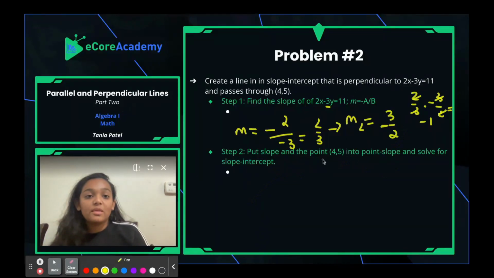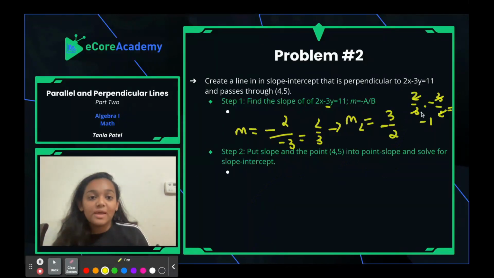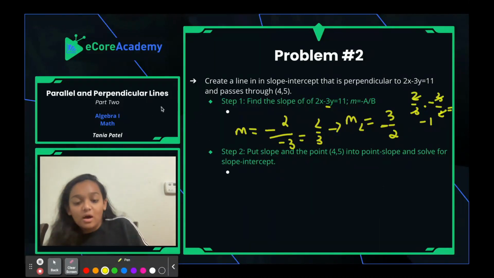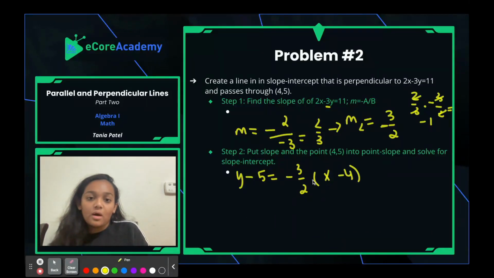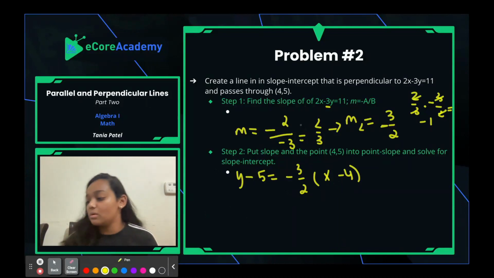So we're going to put this new m value, -3 over 2, and the point 4, 5, which the new equation will be passing through, into point slope form to find our new equation. So we know that y minus 5 equals -3/2 times x minus 4 is what our point slope form will result in.